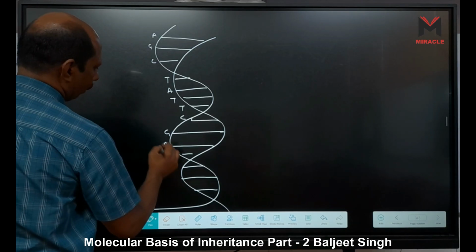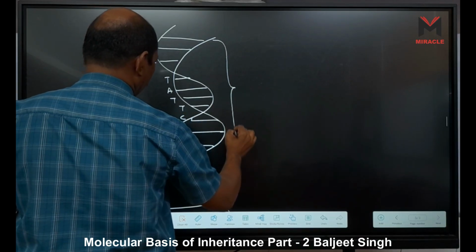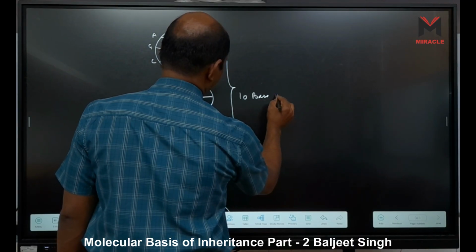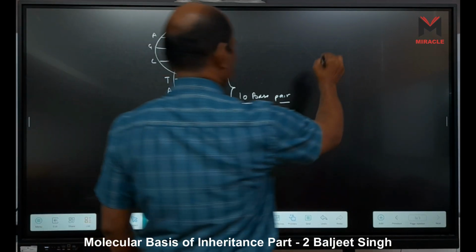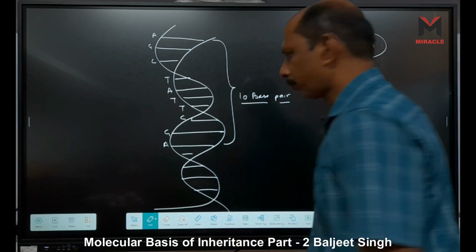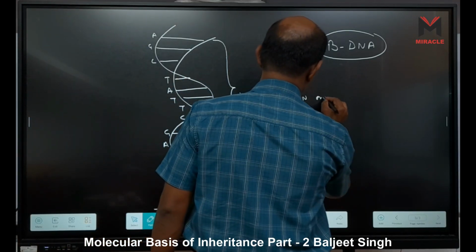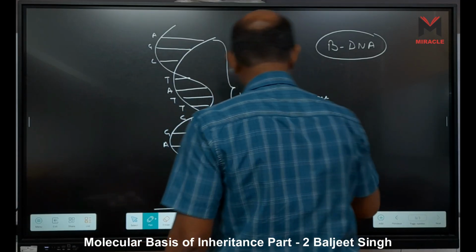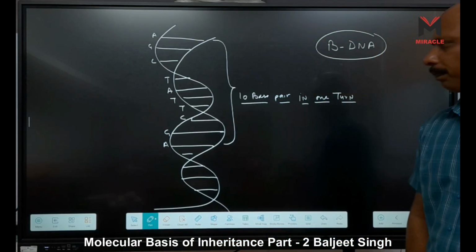From this half to the other half, it contains 10 base pairs according to Watson and Crick in B-DNA. This is the structure of B-DNA. So 10 base pairs in one turn. Ten base pairs are present in one turn, right?